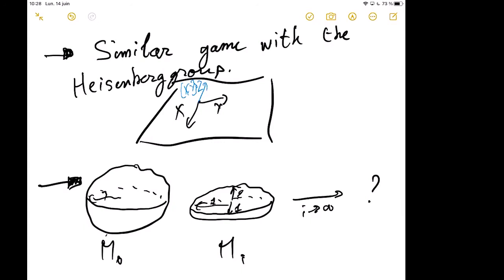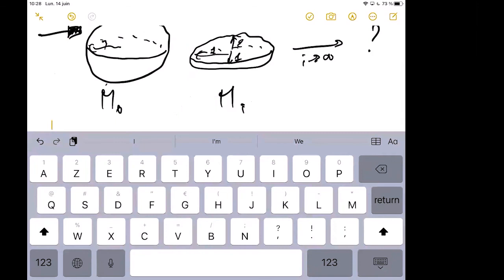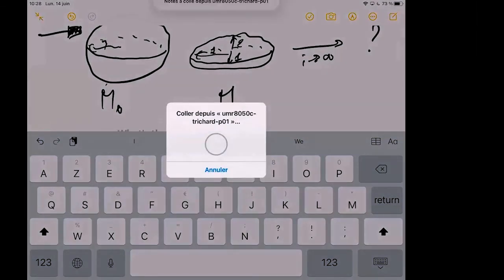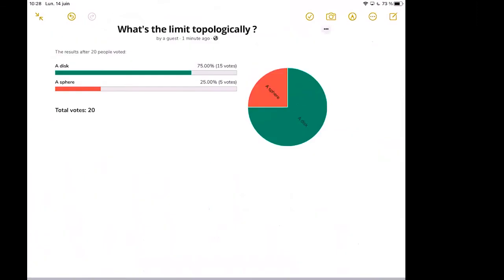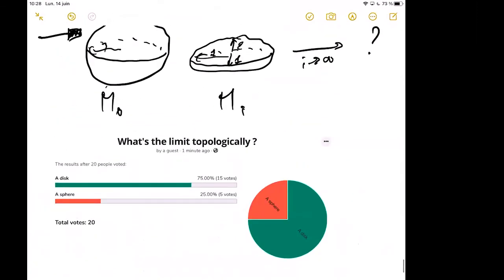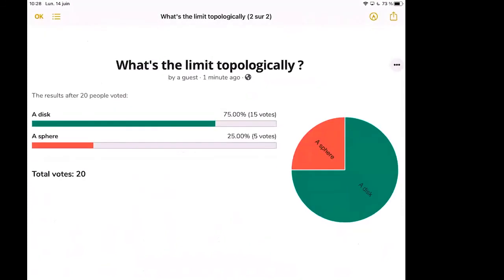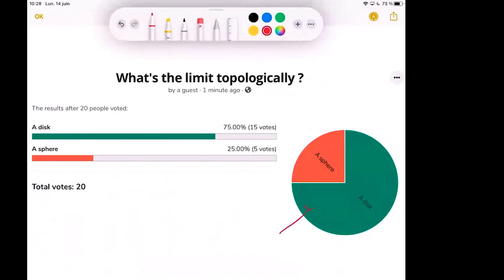Okay, so let's take the results. And whatever you answered, you were right, but maybe you were not answering the same question. So we have a majority of disks, and if you consider the induced distance from R3, you're right.